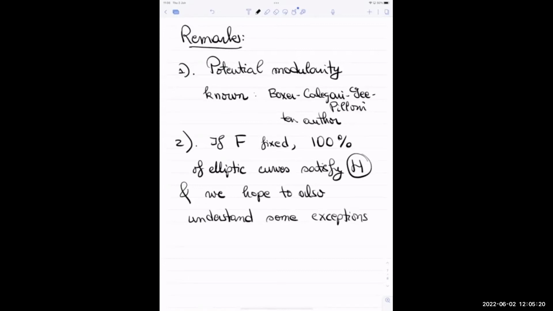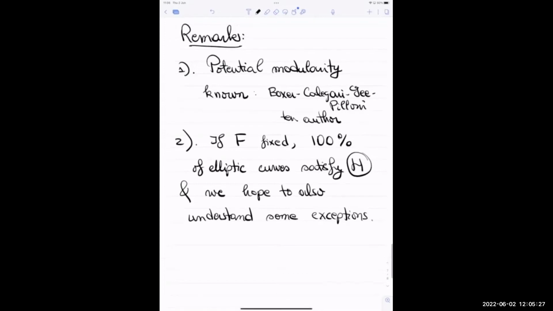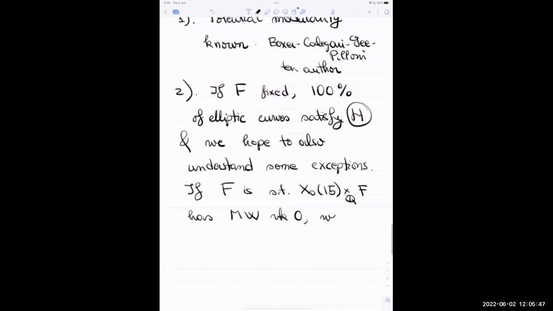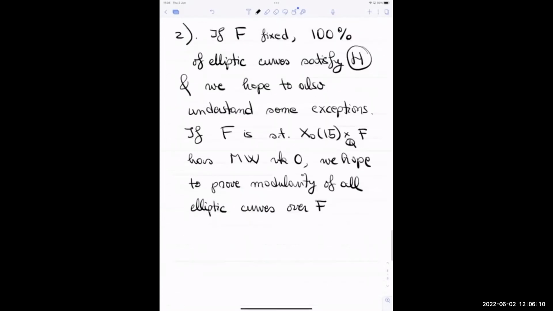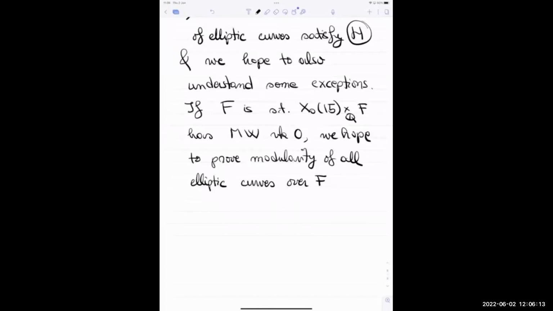So, for example, I guess we would hope that if F is such that X_0(15) over F has Mordell-Weil rank 0, then we hope to prove modularity of all elliptic curves over that F. And that's just looking at exceptions, which are modular curves with small level at 3 and at 5, and understanding their imaginary quadratic points.